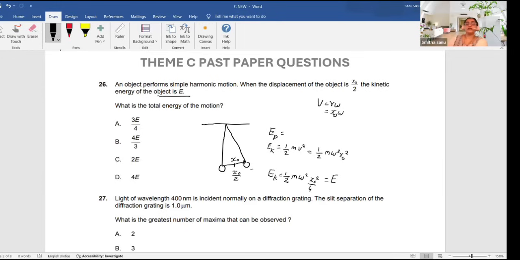Kinetic energy at an amplitude of x0 by 2 will have the energy E. Okay, so if I'm trying to calculate the total energy, it should be E kinetic plus E potential.